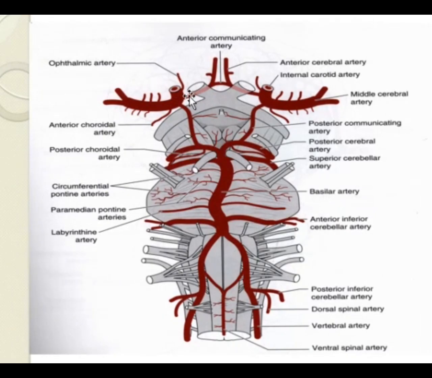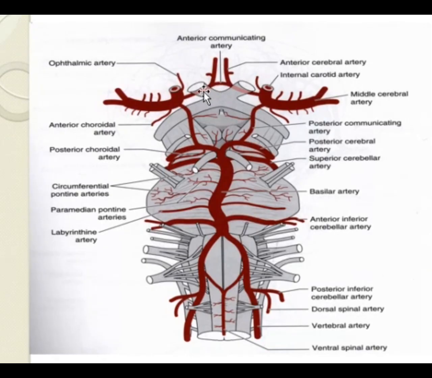And it is in the region of the midbrain because this is our pons, this is our medulla oblongata, this is our pons, and this is the midbrain. And then we are seeing our circle of Willis here. Which blood vessels form the circle of Willis? We have the posterior communicating artery, the anterior cerebral artery, the anterior communicating artery.